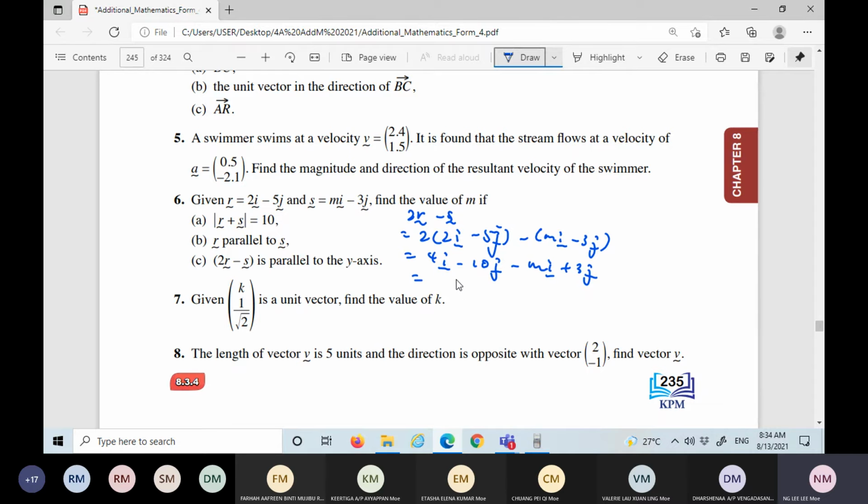I and I, so 4 minus m. J and J, so plus 3 minus 10, negative 7. This is 2r minus s: 4 minus m i and then minus 7j. They want to find the value of m if this is parallel to the y-axis.